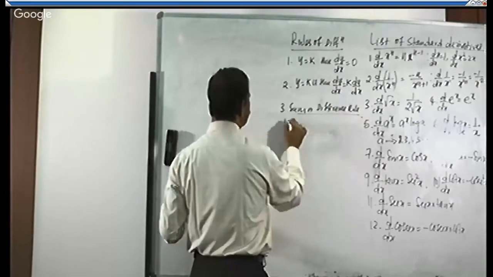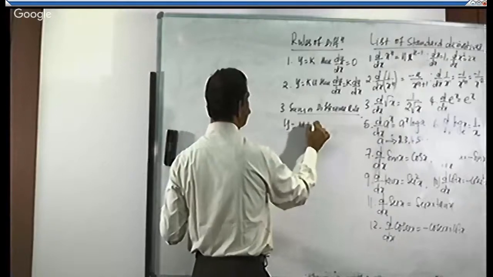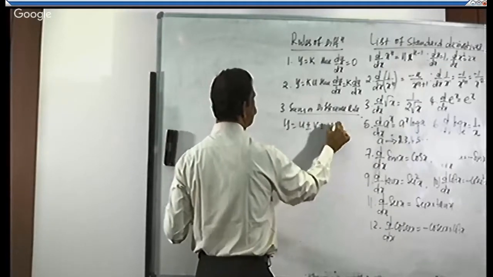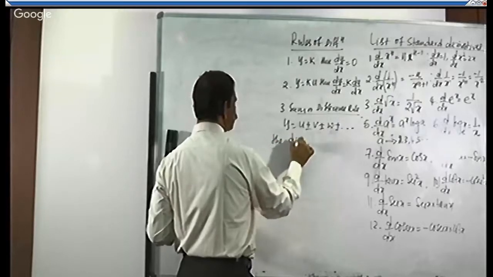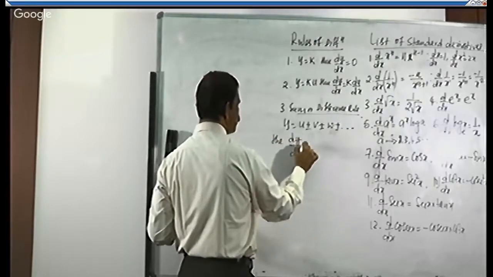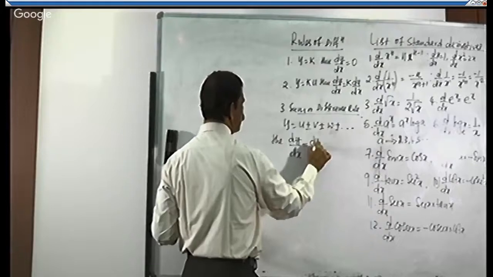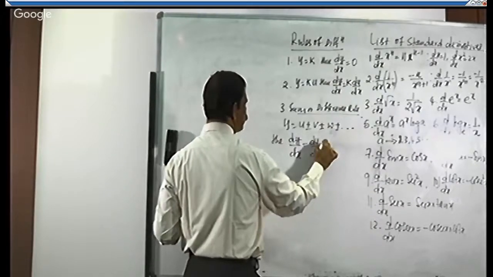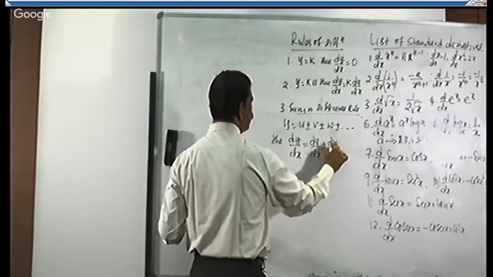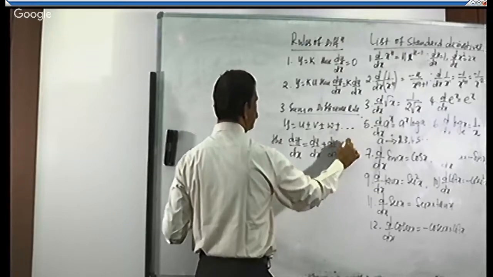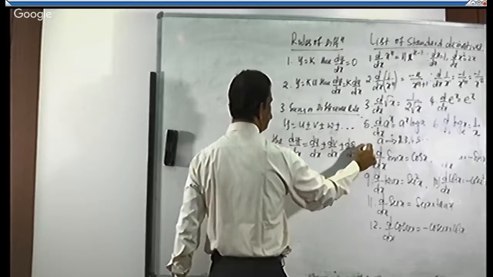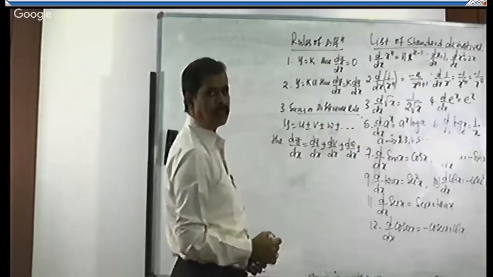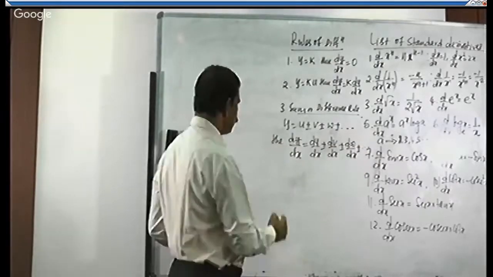So if y is equal to u plus or minus v plus or minus w plus or minus and so on, then dy by dx becomes du by dx plus or minus dv by dx plus or minus dw by dx plus or minus and so on. This is called sum or difference rule.